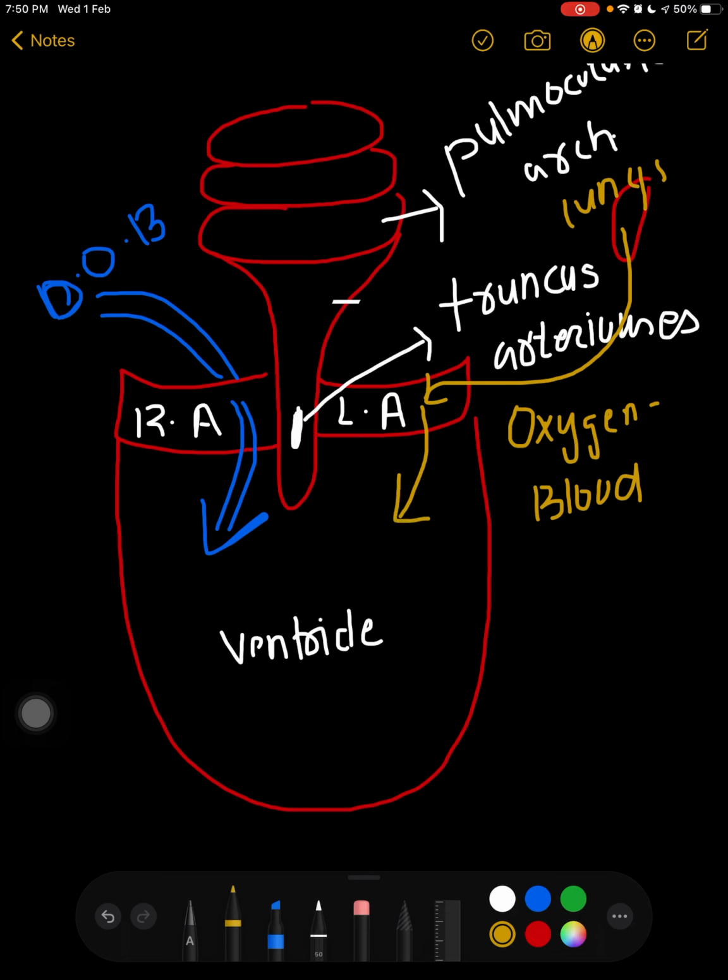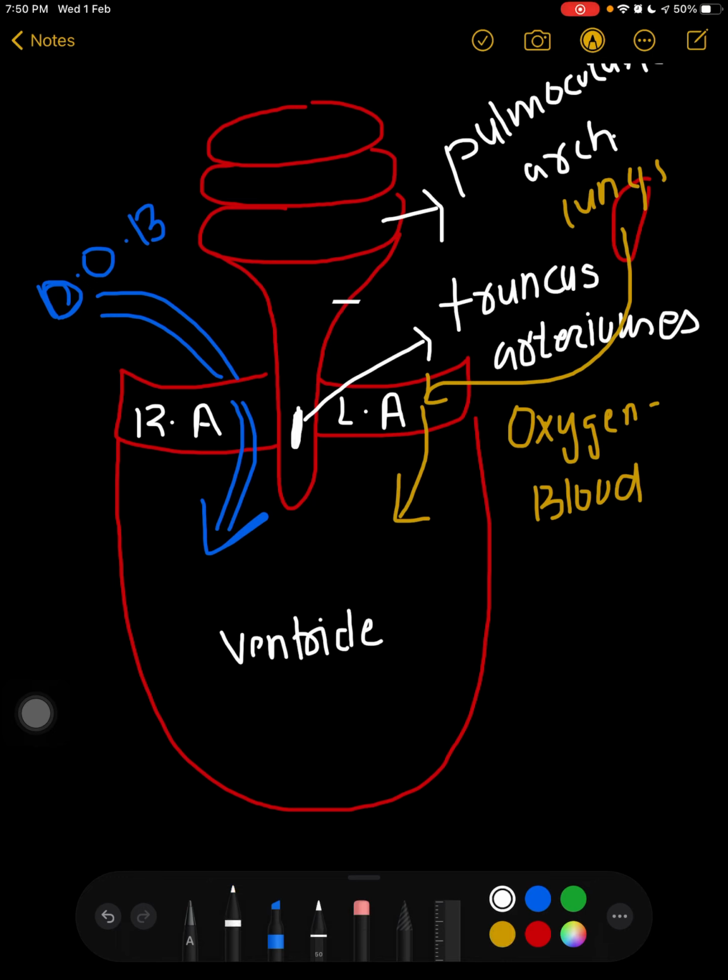Okay, so as I said that there are three chambers, you can see right atrium, left atrium, and ventricle, right. So basically in ventricle there is no interventricular septum. It means that there isn't any wall or partition, there isn't any septum, right.